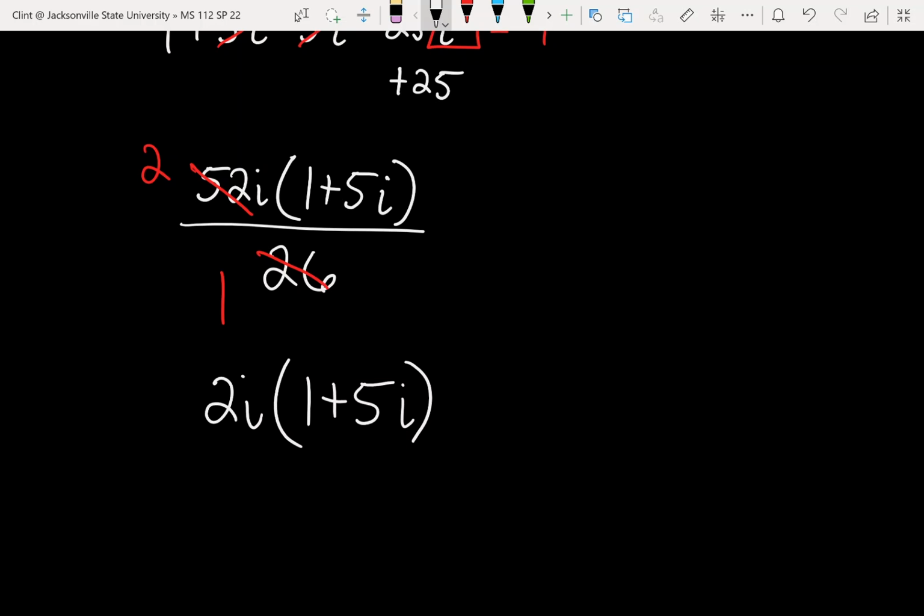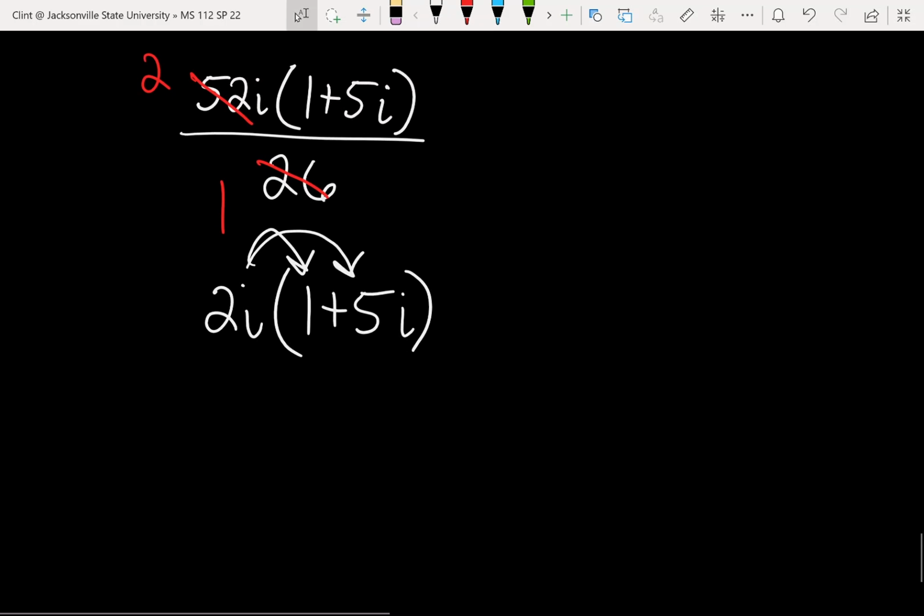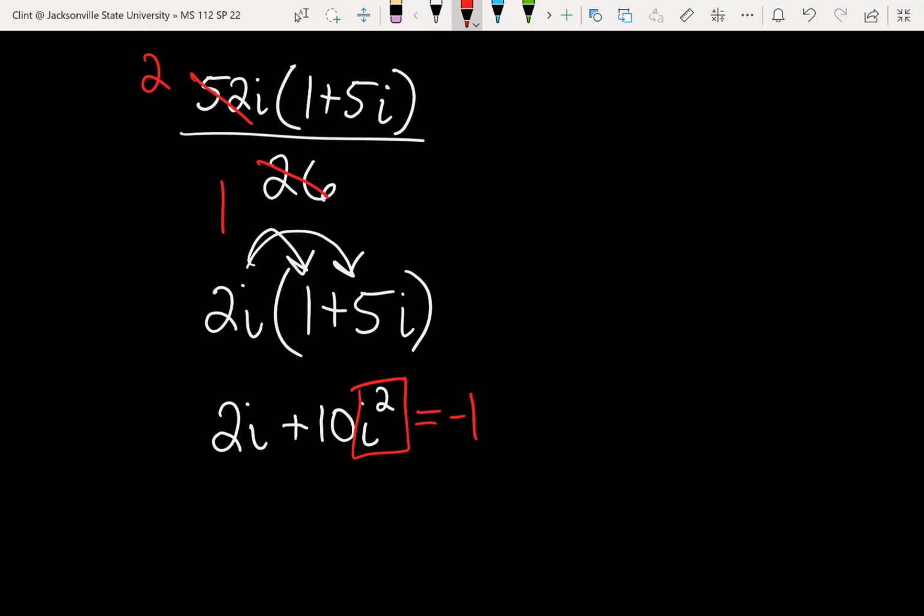These problems will tell us to put our answer in a plus bi form, so I do want to distribute. 2i times 1 is 2i. 2i times 5i, 10i squared. Got another i squared in this problem. I squared is negative 1. So that plus 10 turns into minus 10.